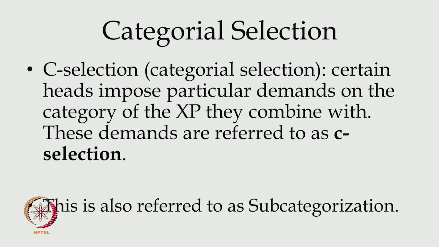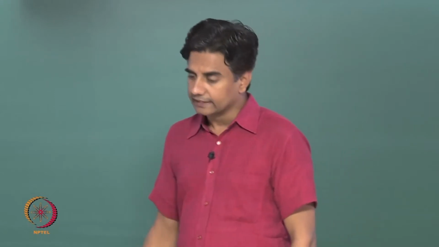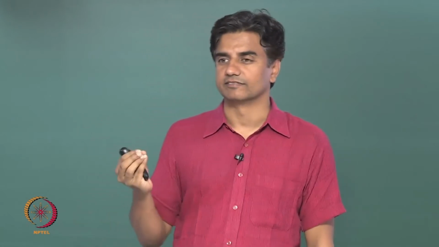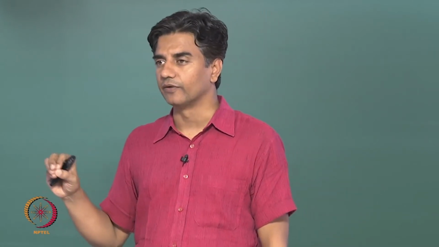Next, I remember mentioning selectional restriction to you. I just want to make it a little bit broader and then bring selectional restriction inside that. Selectional restriction is part of what we know as categorical selection. Okay? And that, in short, is called C-selection. In simple terms, it simply means certain heads specifically require only certain things.